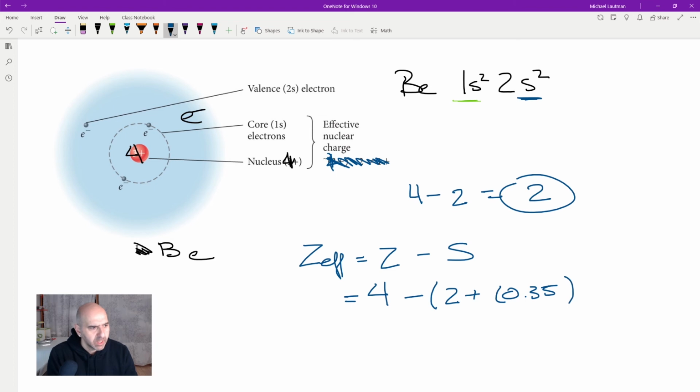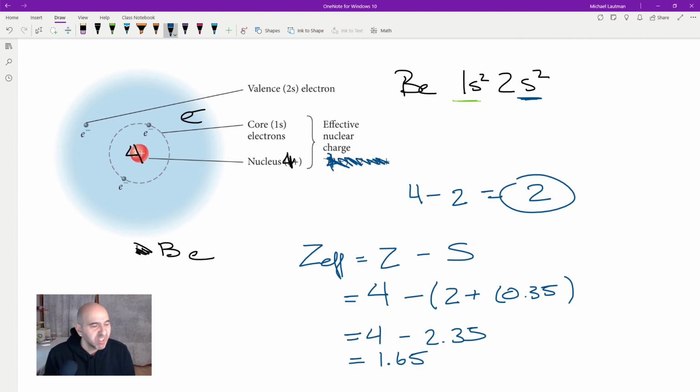So that's 4 minus 2.35, which is equal to 1.65.